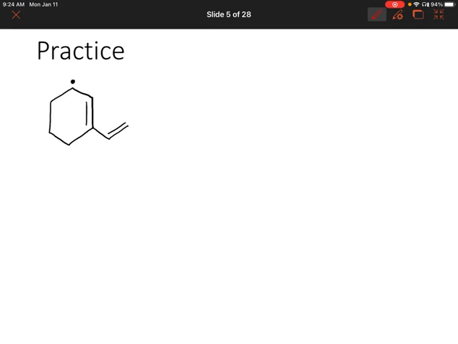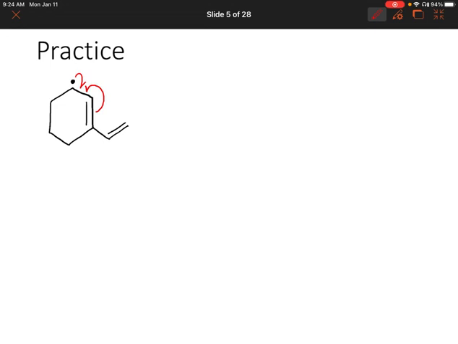Okay, so let's go over this together. Again, I have a single electron next to a single bond next to a double bond, so that is perfect for resonance. I'm going to show the double bond breaking apart, and I'm going to show one electron moving up to form a double bond with that single radical electron there.